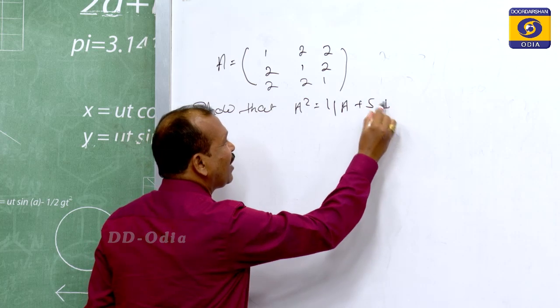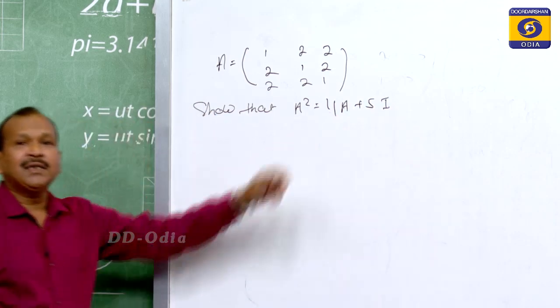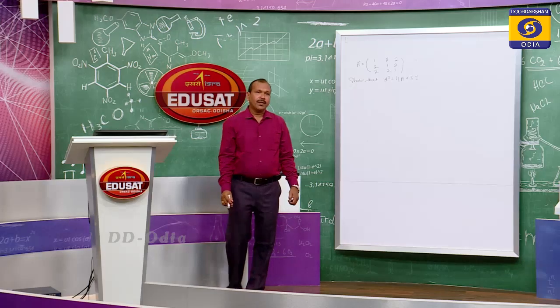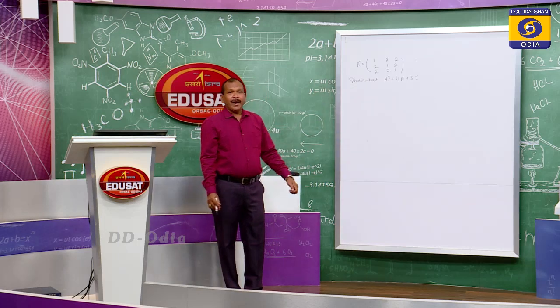Here I stands for the unit matrix. A is a matrix having order 3 cross 3, so we can easily find out A square.